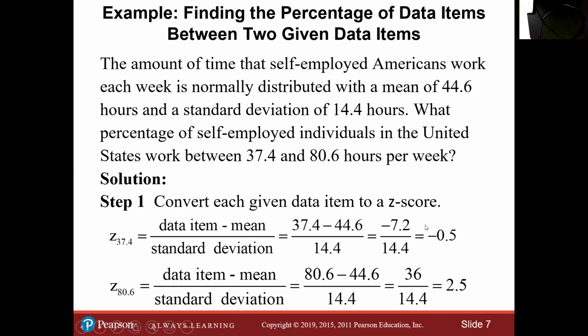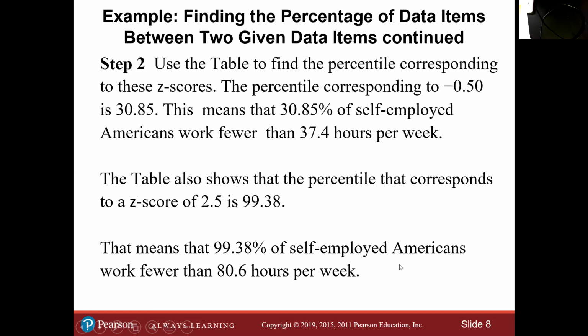Once we've found both z-scores, a very common student mistake is to subtract these, which we are not allowed to do. We can subtract areas or probabilities, in this case percentiles. So we take these two z-scores, go to the table in the text, and find the area that corresponds to each.